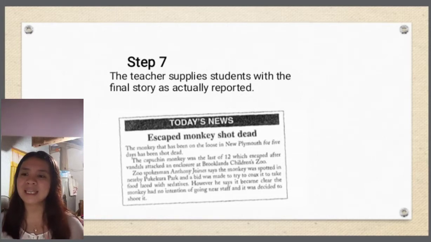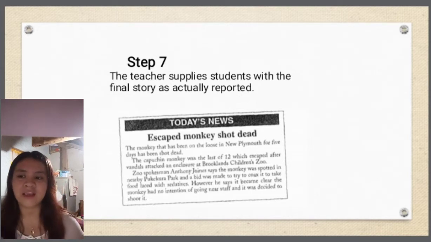The monkey that has been on the loose in New Plymouth for 5 days has been shot dead. The capuchin monkey was the last of 12 escaped after vandals attacked an enclosure at Brooklands Children's Zoo.